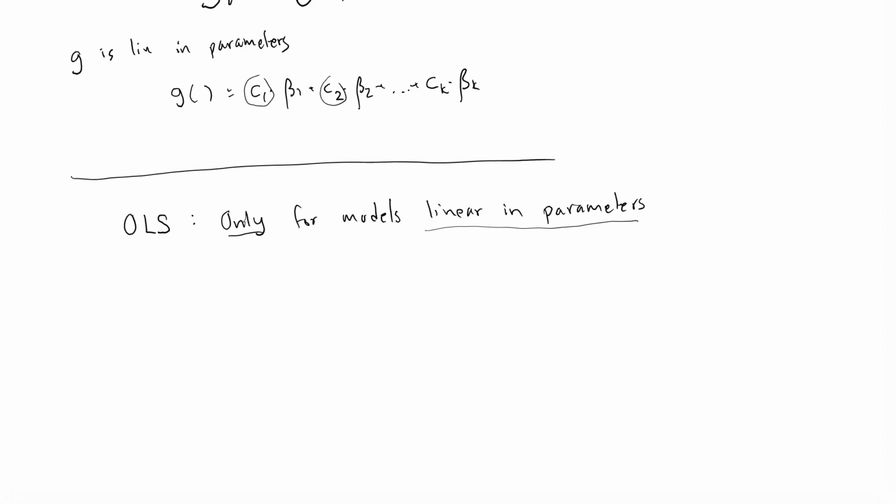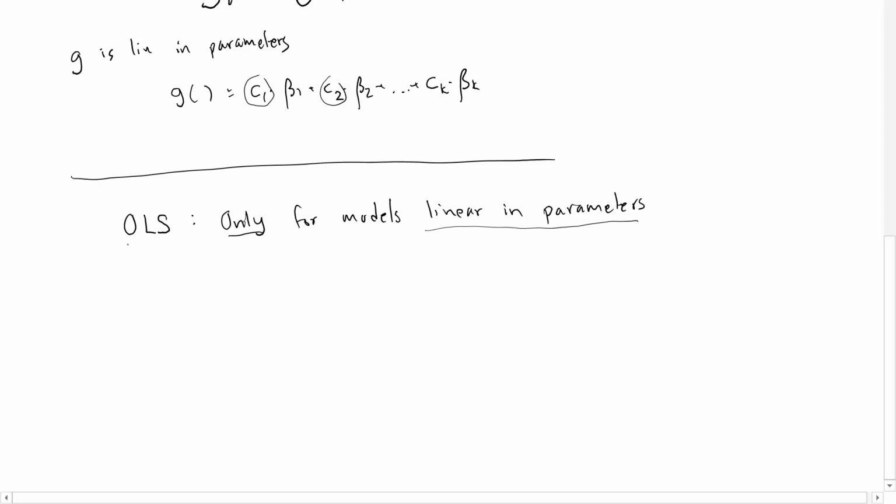In this case, it doesn't matter if it's linear or nonlinear in data, but it has to be linear in parameters. We'll see in the next lecture how you can estimate a model that's linear in parameters but nonlinear in data using OLS.